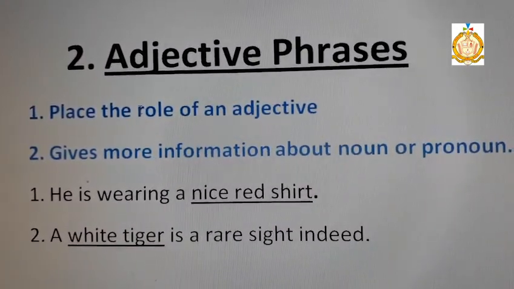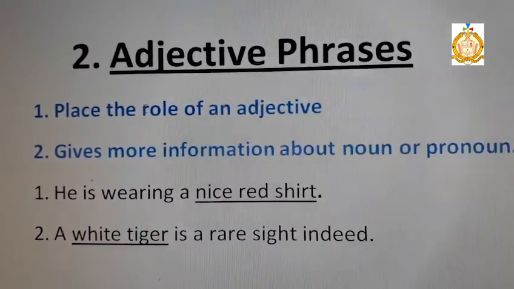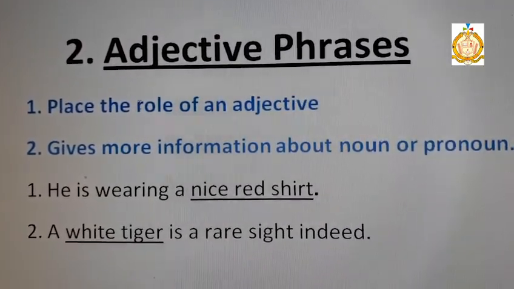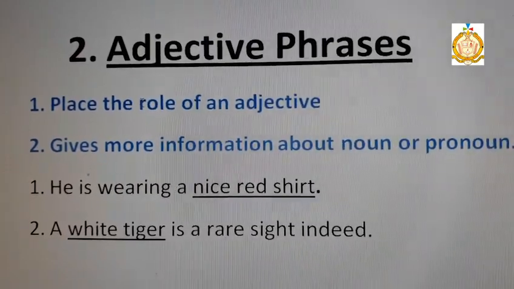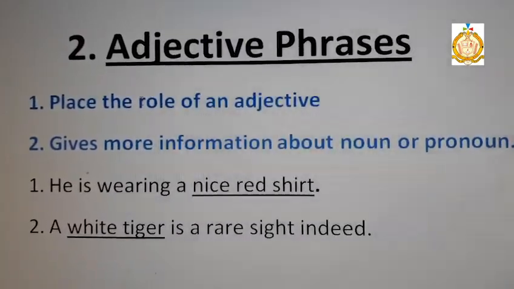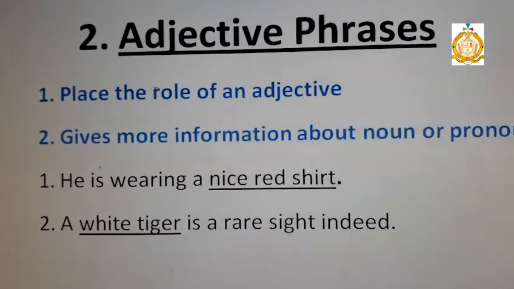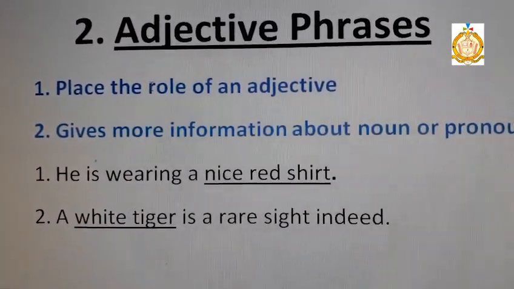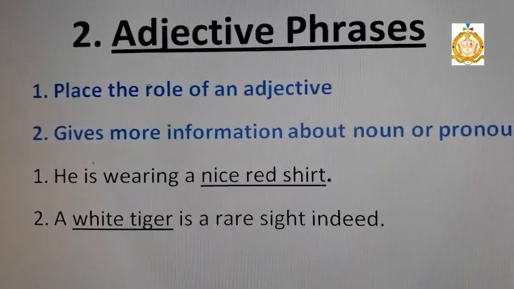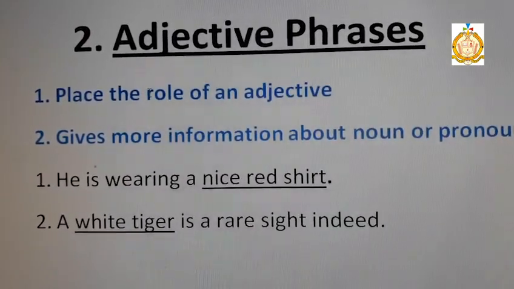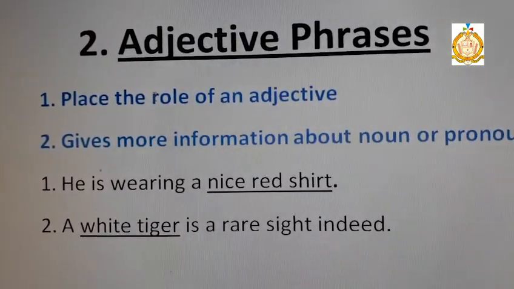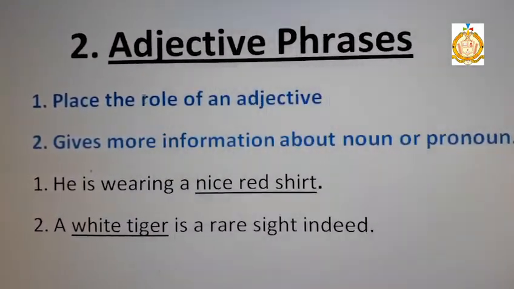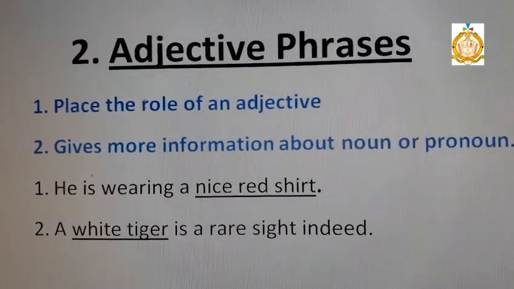So, therefore, in this sentence, nice and red show the speciality about the shirt or the noun. The second example, a white tiger is a rare sight indeed. So here we have the noun tiger, and what we describe about the tiger, that is a white tiger.